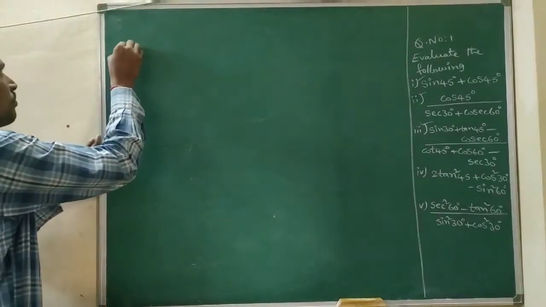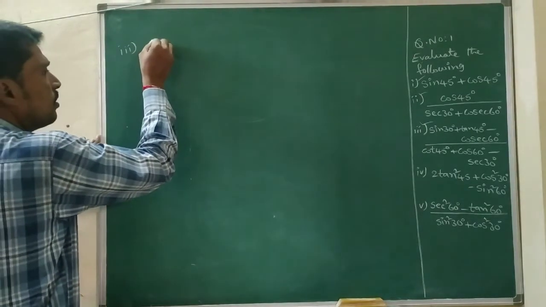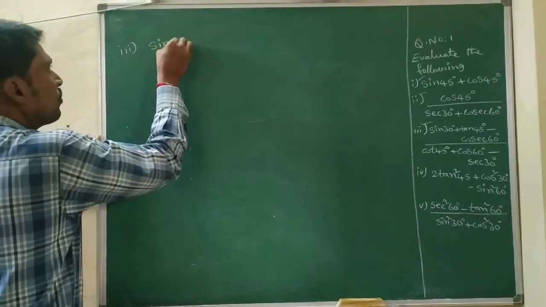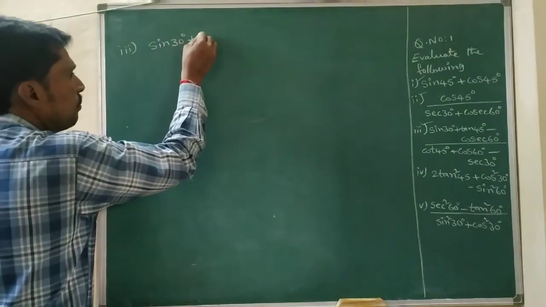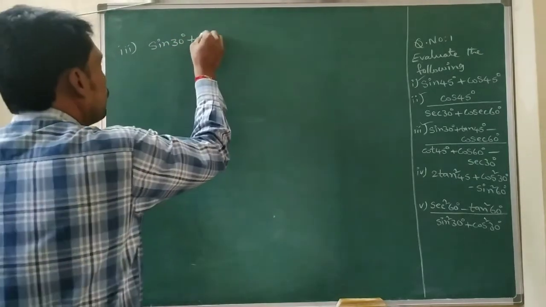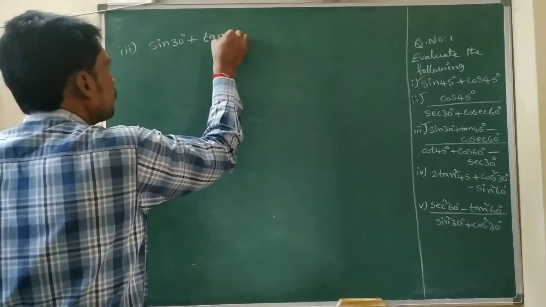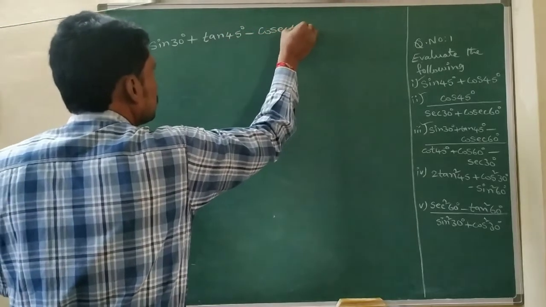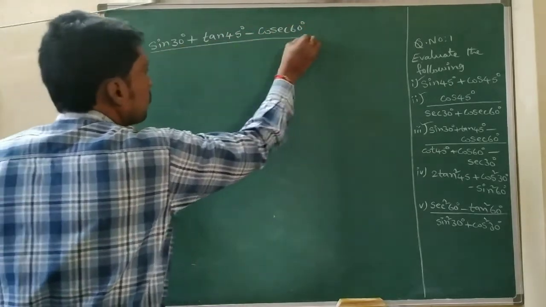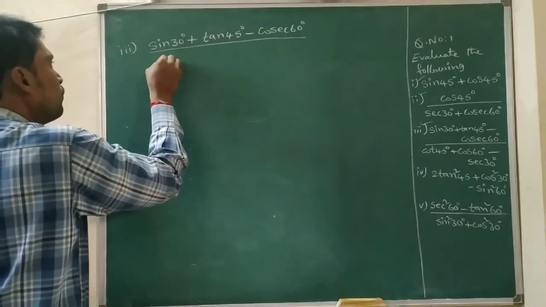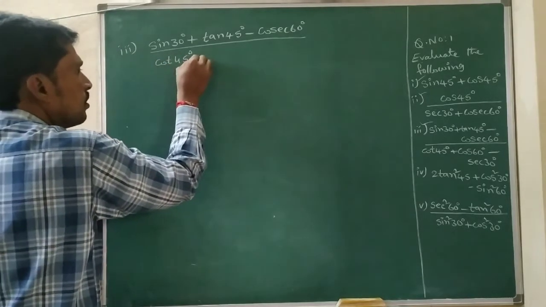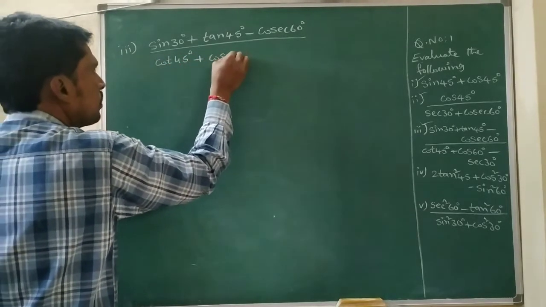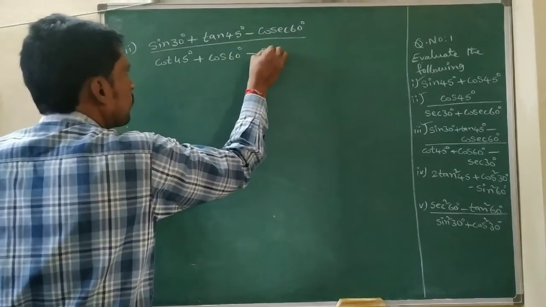Third one it is sin 30 plus tan 45 minus cosec 60 whole by cot 45 plus cos 60 minus sec 30.